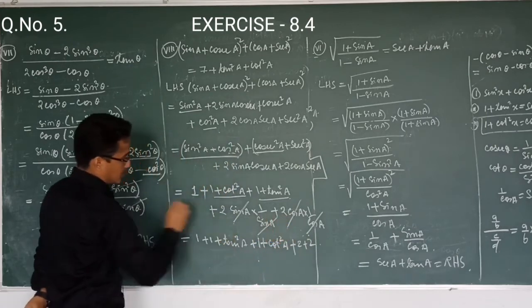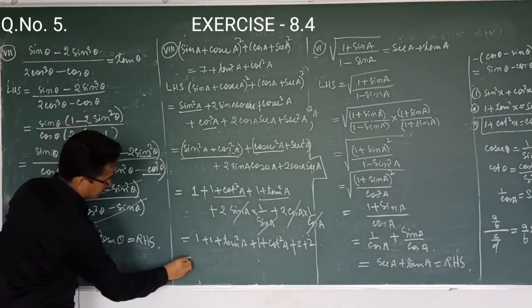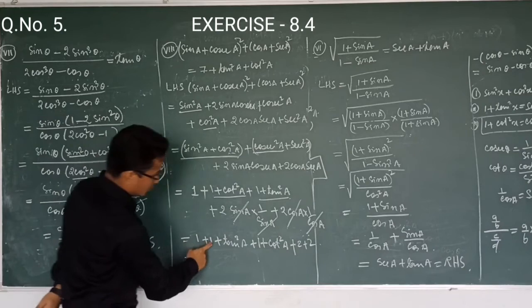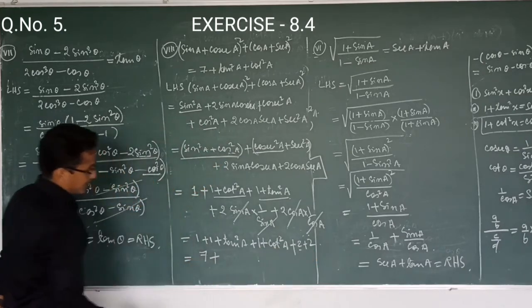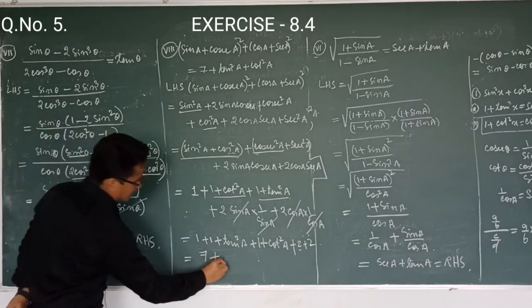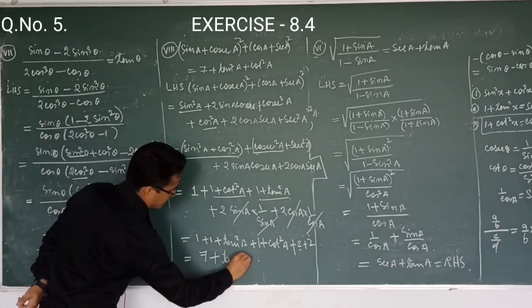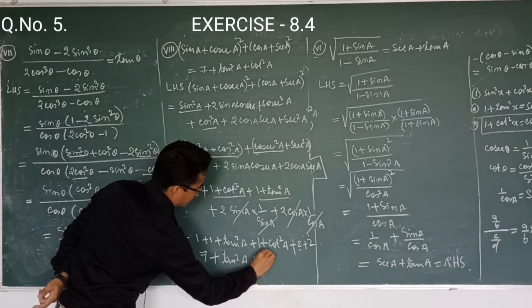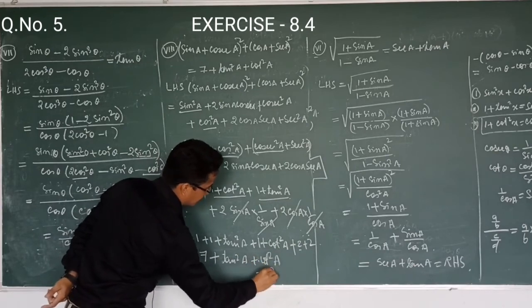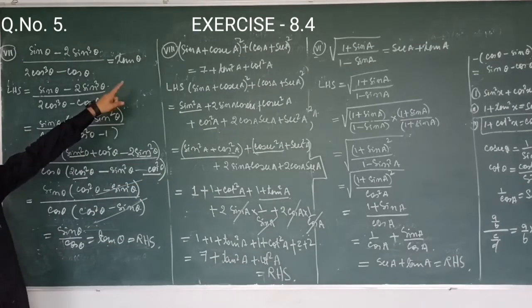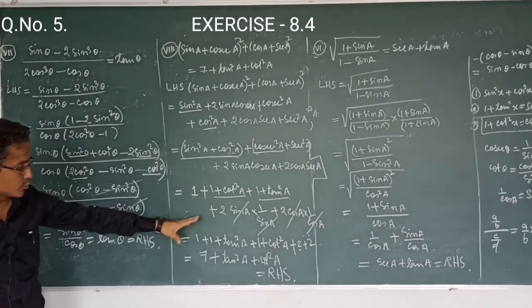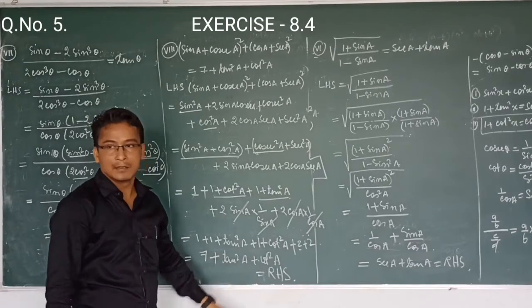Then 1, 2, 3, plus 4 gives 7 plus tan square A plus cot square A. So this is our right hand side. This is the solution.